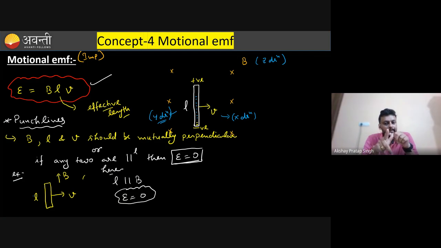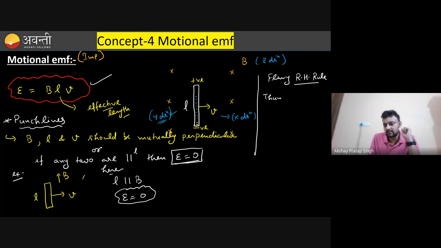Now, put the first finger in the direction of magnetic field. I'm saying Fleming right hand rule. What are the three things? Thumb, first finger, second finger. Make them perpendicular to each other.